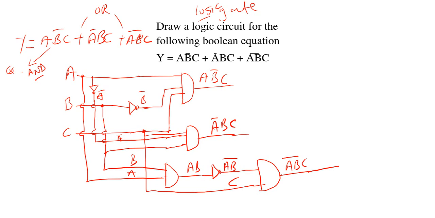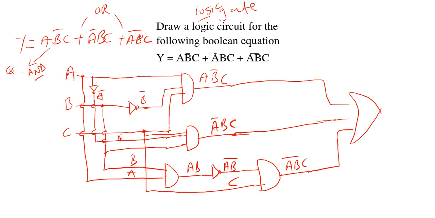And now, as you can see, we have the three terms in our equation. The three have been added, meaning they have been passed through an OR gate. So we pass them through an OR gate. You have to draw the symbols very correctly. So that is the OR gate.